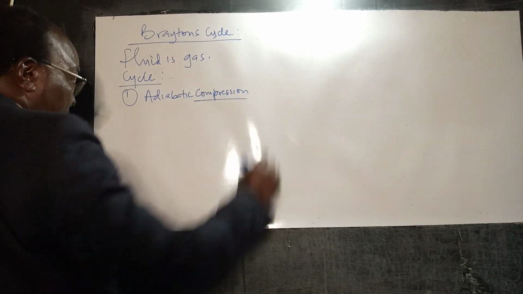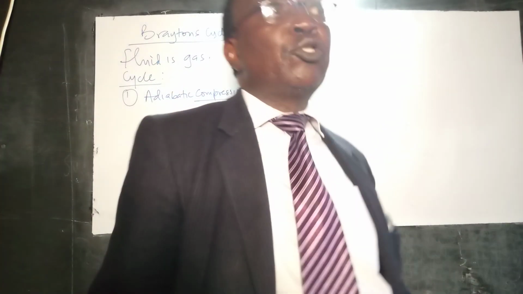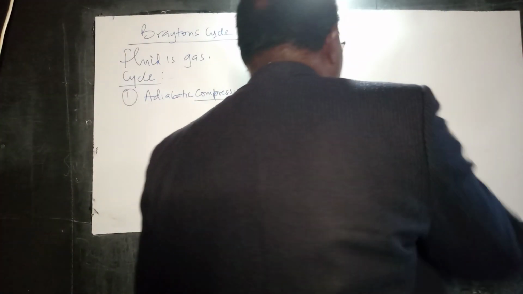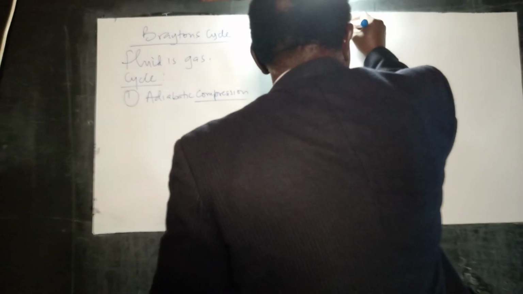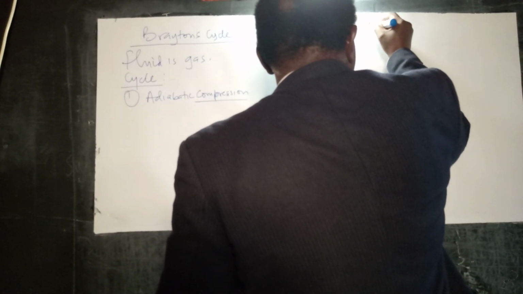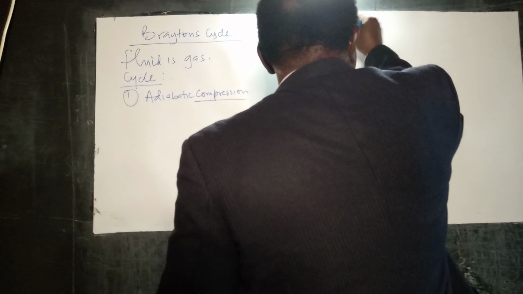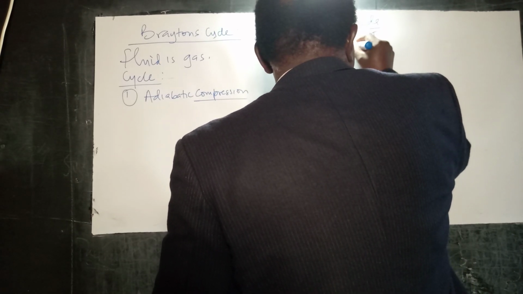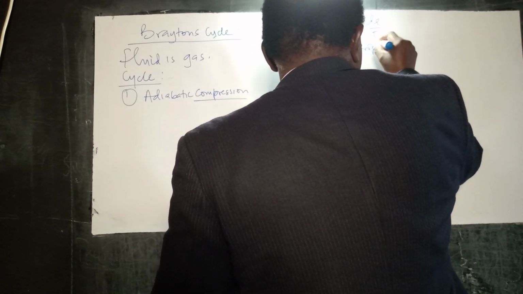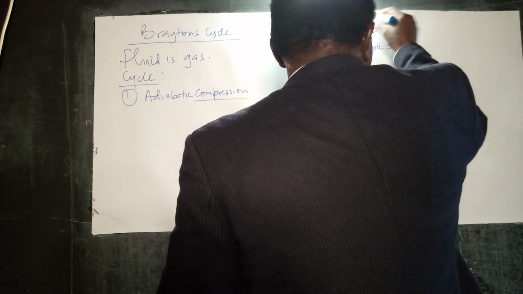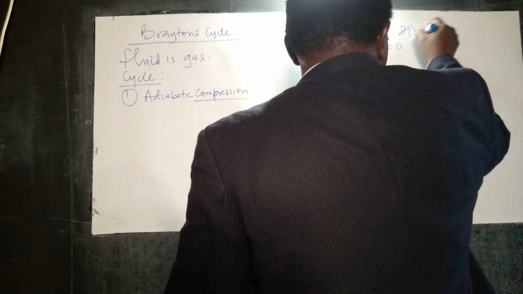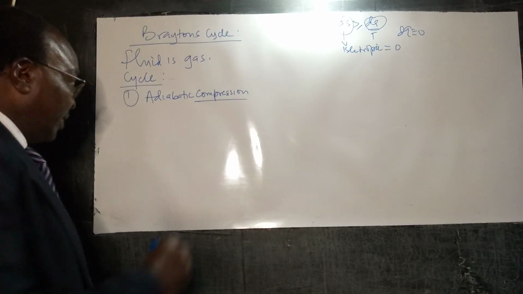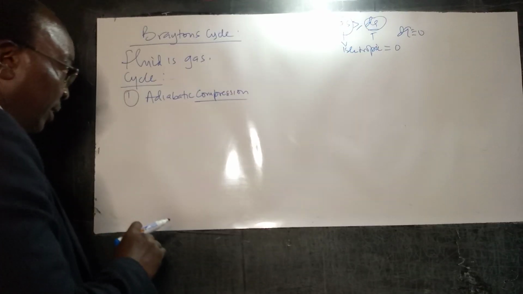You can also consider this as an isentropic process, because remember, we said from the Clausius inequality, ds equals dq over dT, and so when ds is 0, it's isentropic, and dq will be 0. So that's an adiabatic process. So that is adiabatic compression.